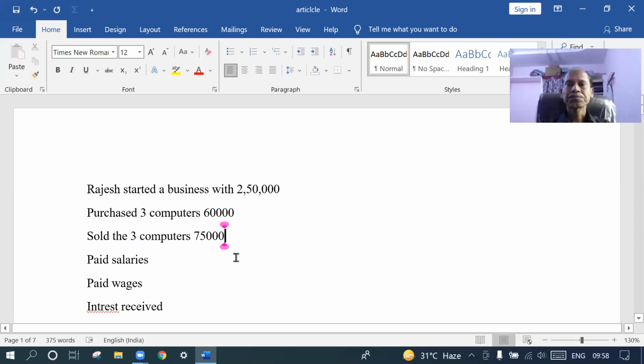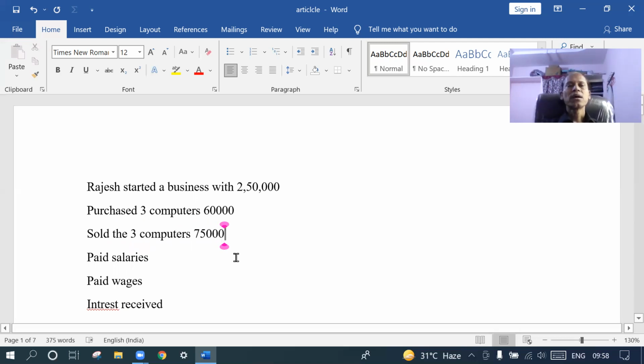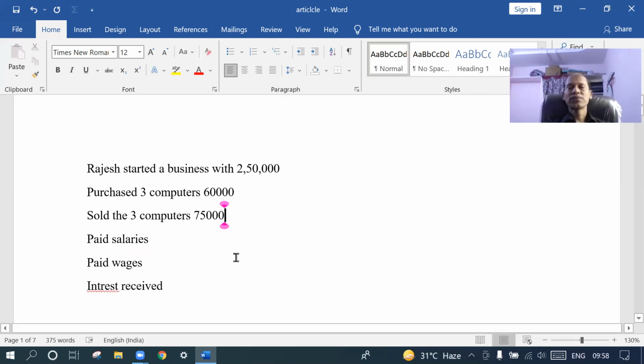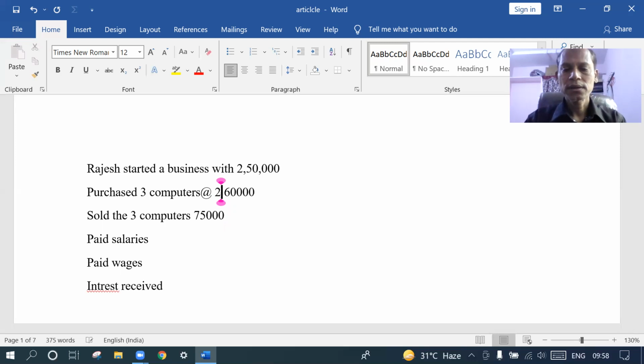See the problem again. Rajesh started a business with 2,50,000, purchased 3 computers at the rate of 20,000 each, so the total amount is 60,000.